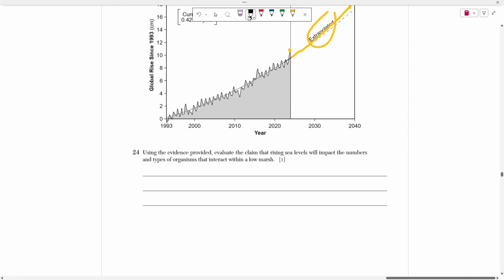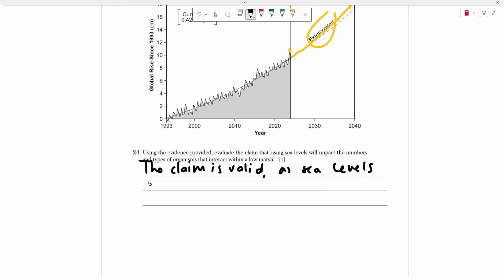So you can say that the claim is valid as sea levels increase.